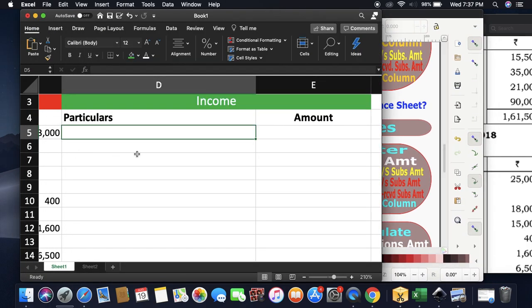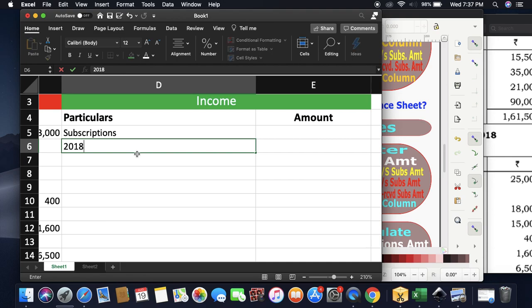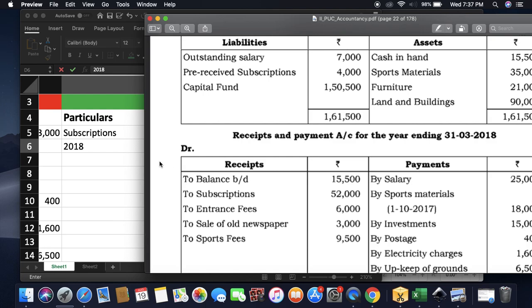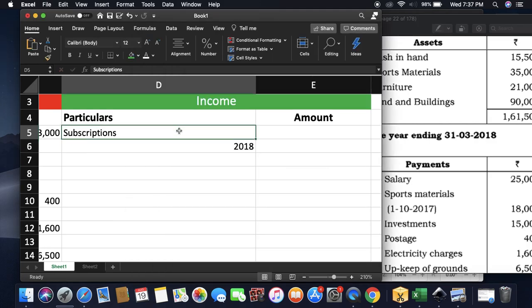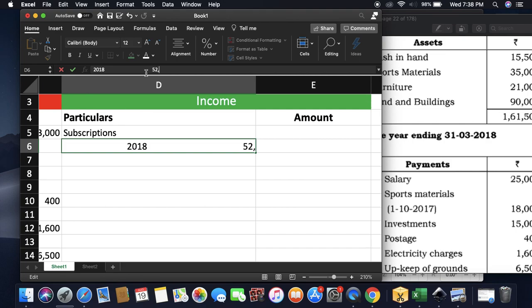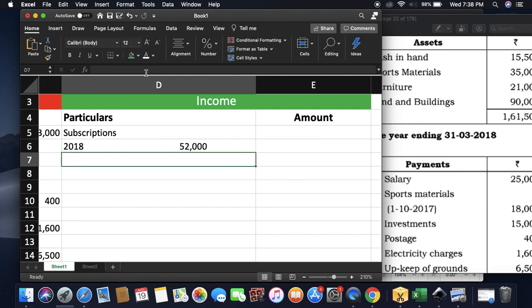So you write subscriptions, and now you write 2018. Let's see what the amount is. It is $52,000.